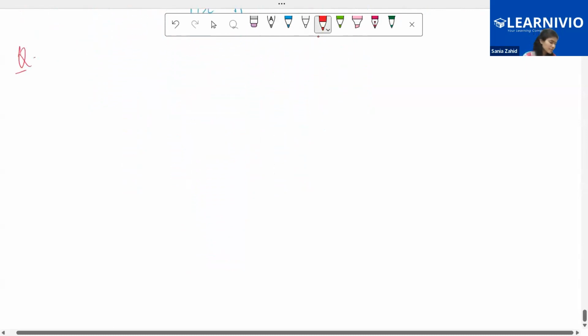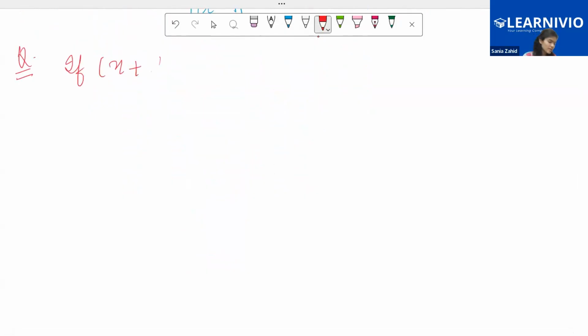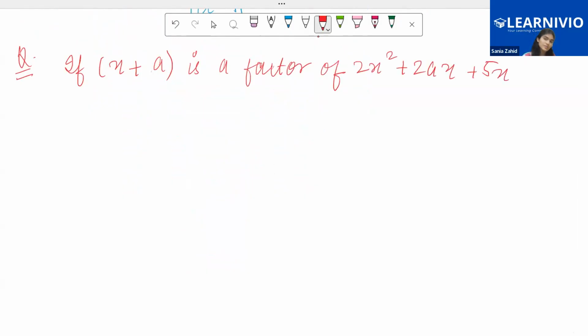Okay. We have the next question. If x plus a is a factor of 2x square plus 2ax plus 5x plus 10, find a.